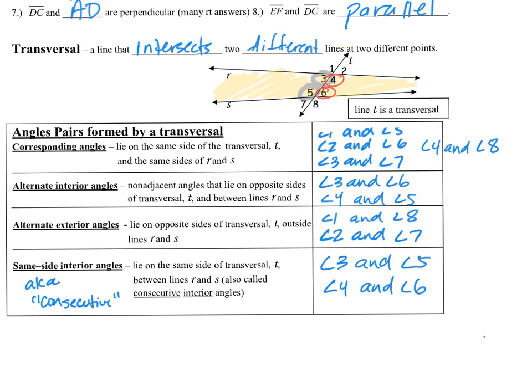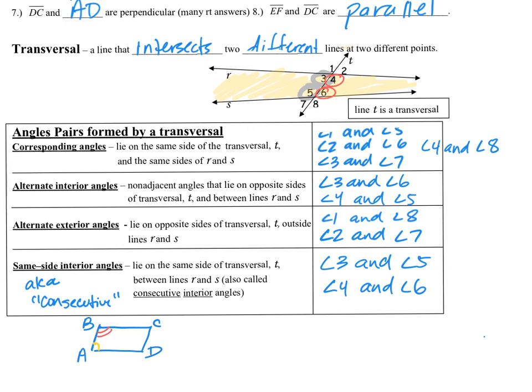So let me just make a quick comment. The reason why we call these consecutive interior angles is that later we'll be talking about some shapes, like parallelograms. Let's take a look at this parallelogram, I'm going to call it A, B, C, D. Look at angle A, highlighted in yellow, and angle B, in red.